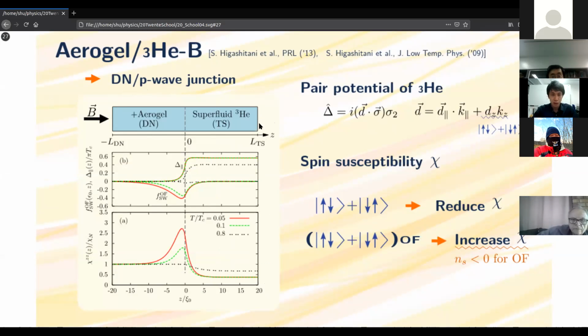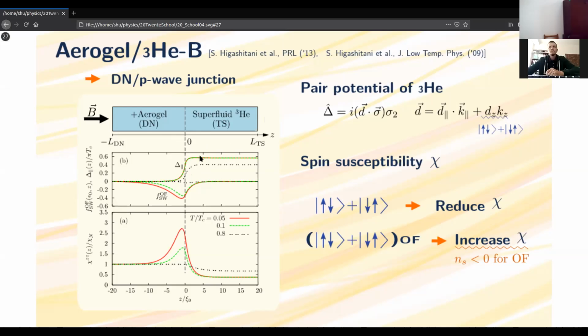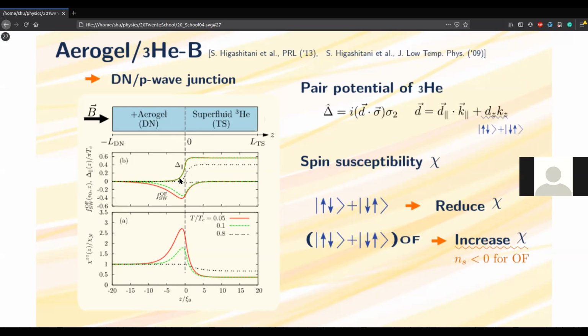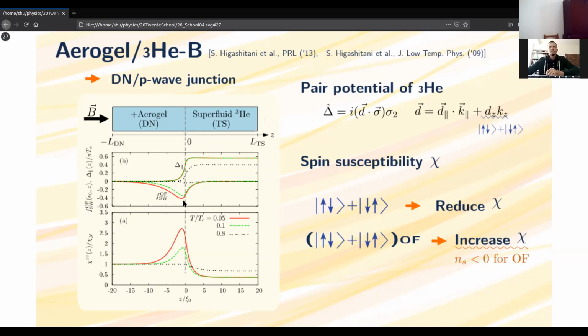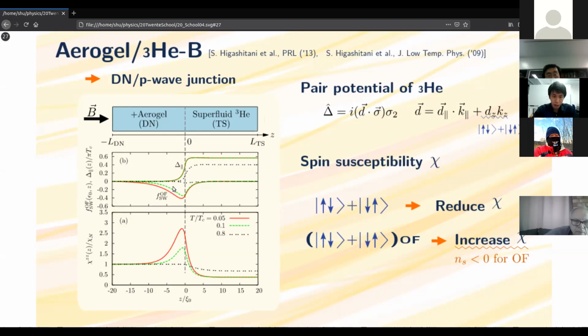In 2013, Higashitani studied the spin susceptibility of this system. And this is the pair potential. You can see that the pair potential is suppressed in the diffusive normal metal, and correspondingly, the odd frequency pair has a large amplitude in the diffusive normal metal.